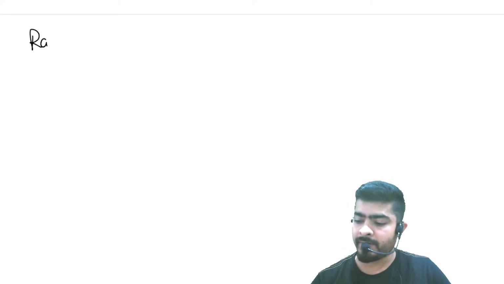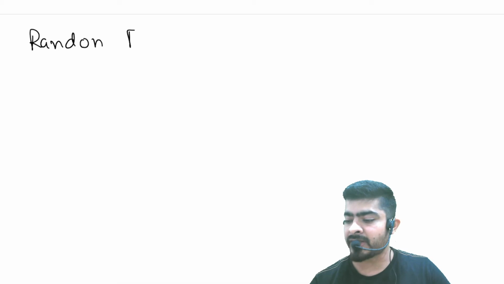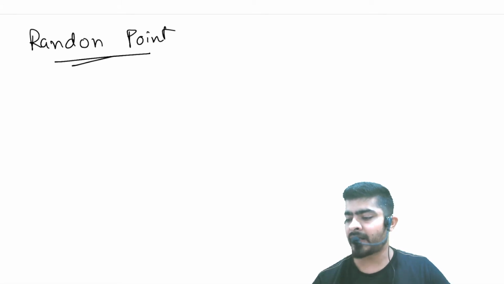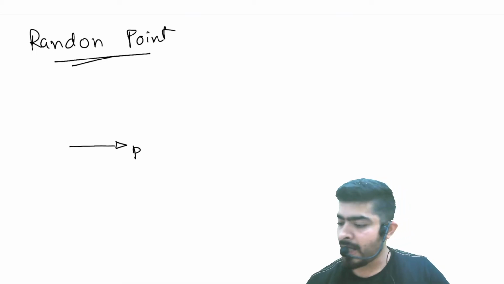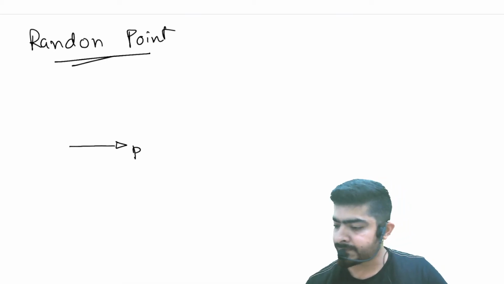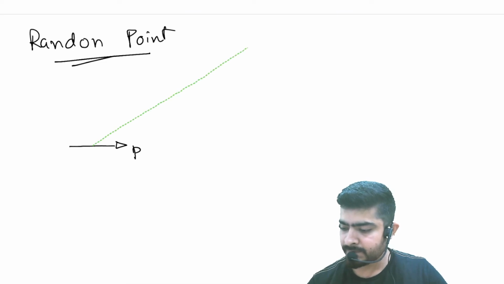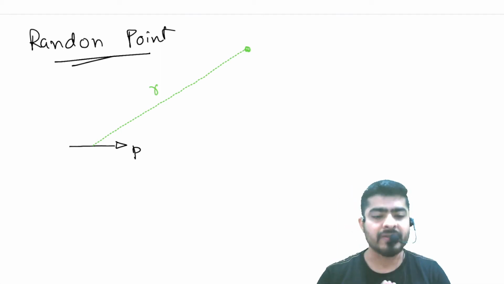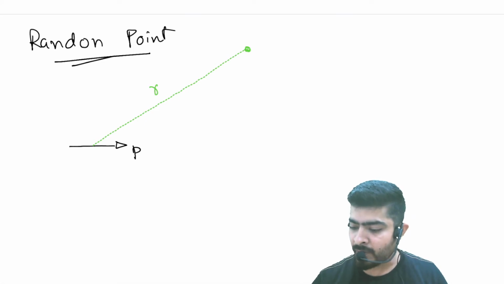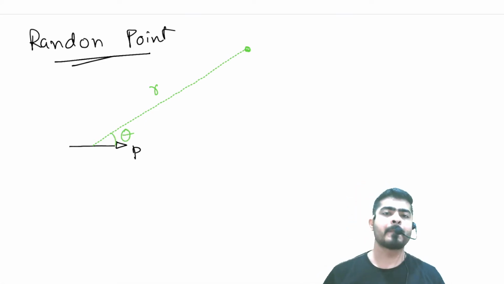So let's say this is my dipole p, this is my distance r, and at this point I want to find the electric field and the potential. Let's say this angle over here is theta. How to solve this question?